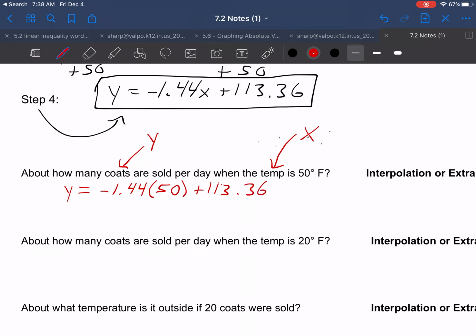And I'll just solve. So I'll type in negative 1.44, multiply that times 50 degrees, add 113.36. And it looks like it should be approximately 41 coats?